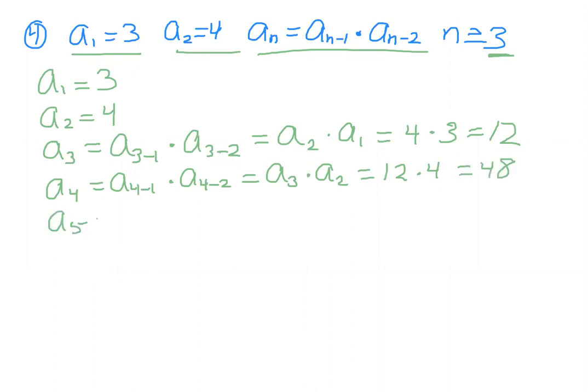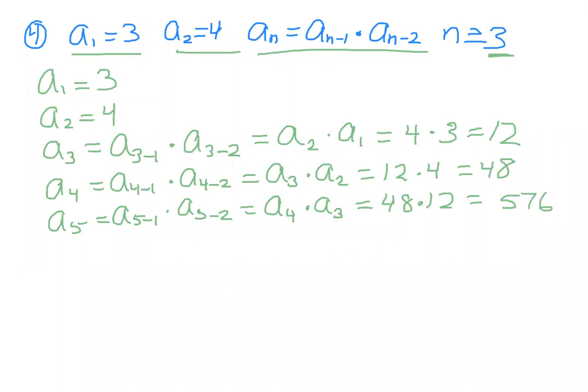And the last term is a5 minus 1 times a5 minus 2, which is a4 times a3, 48 times 12, which is 576. So those are the first 5 terms for that sequence. All right, let's look at the next one.